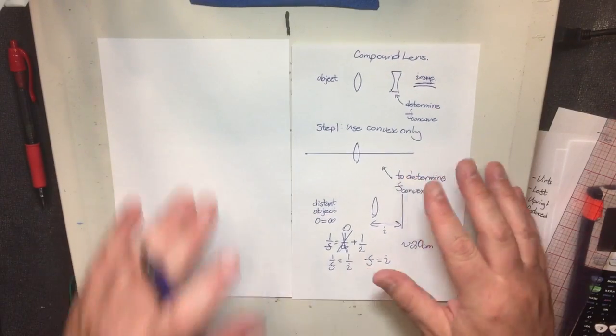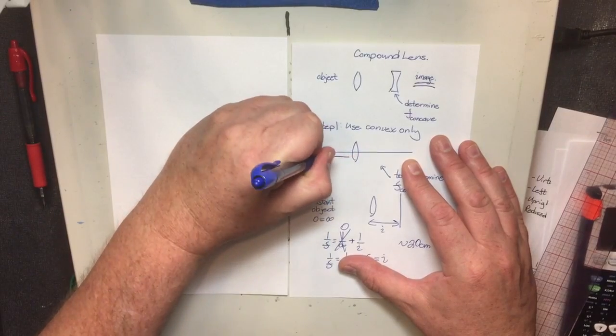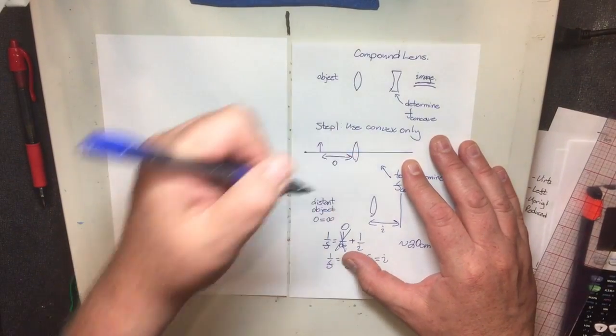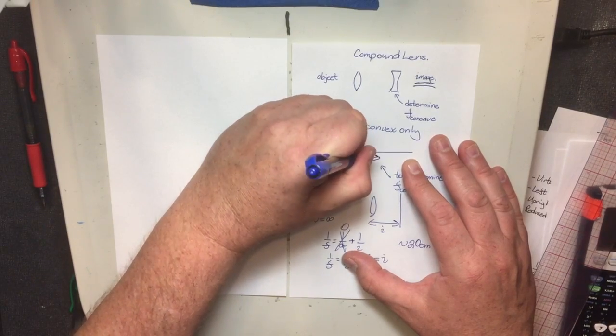So in this part of the experiment, you're going to set up something with an object distance, and then you're going to calculate the image distance.